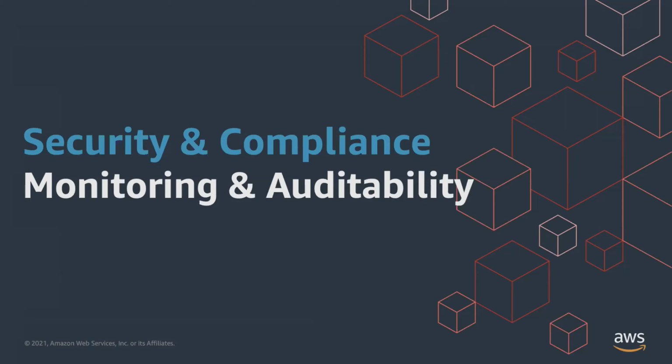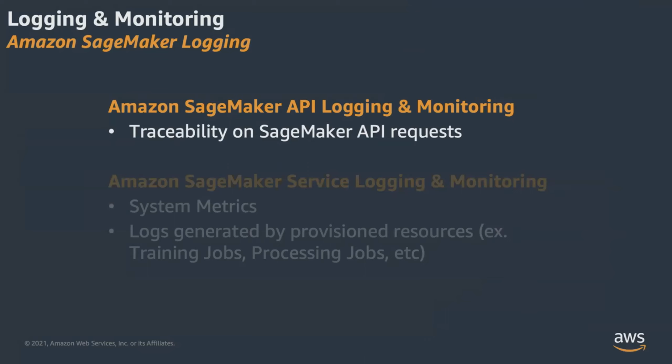And last but not least, I want to mention, besides the functionalities that we have in SageMaker for the model monitor, there are also 2 other services that you can work together with SageMaker to make your whole development cycle more secure and compliant. The first is to trace which SageMaker API requests have been called by the different developers, so that you can have a better overview of which developers are doing what actions on different services.